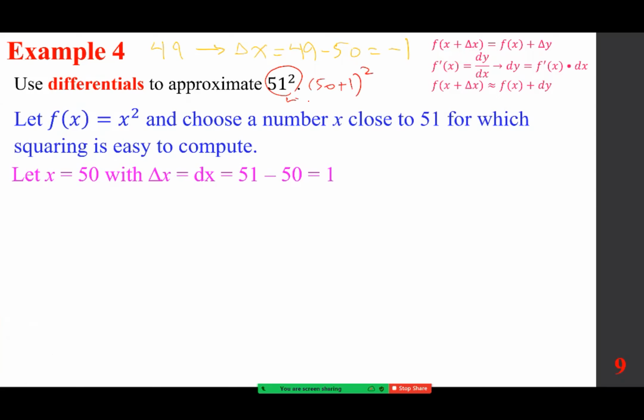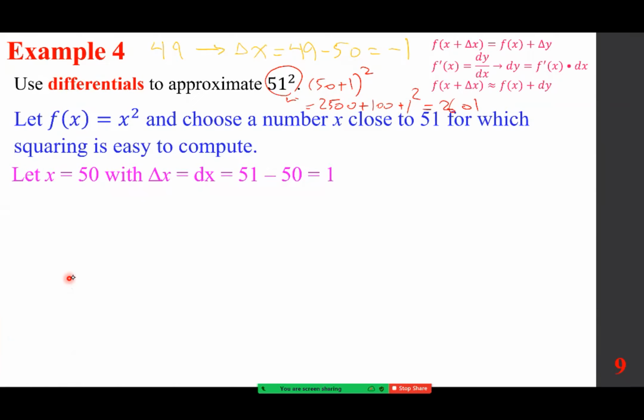You square the first one, it becomes 2500. You multiply 2 times 50 times 1, which is 100. And then 1 squared, and they add up to 2601. So you can easily calculate it in your head. It's not a big deal. But we want to go with the differentials.